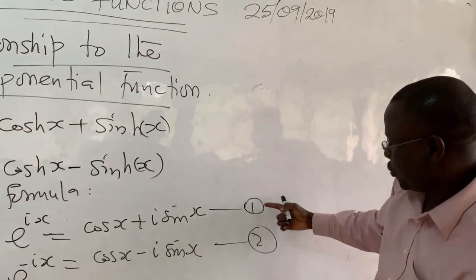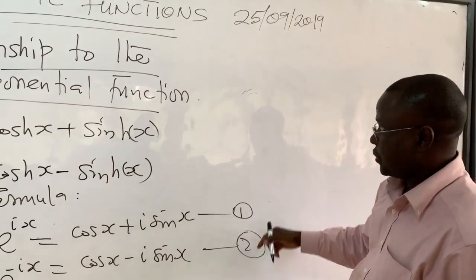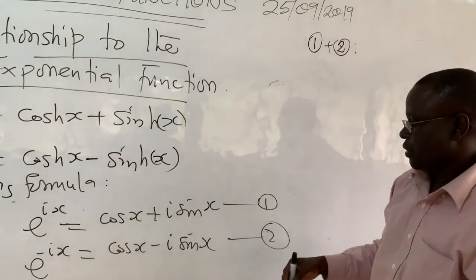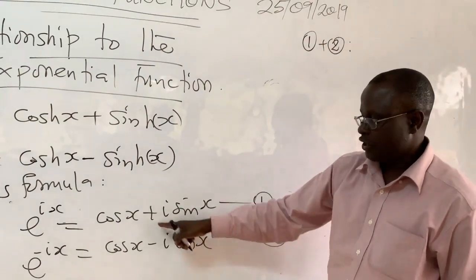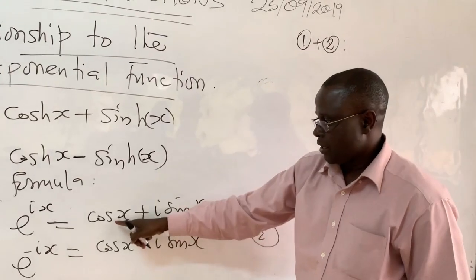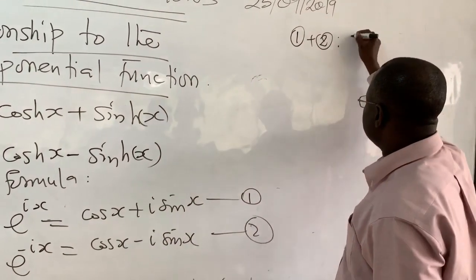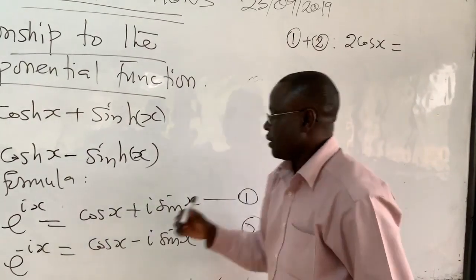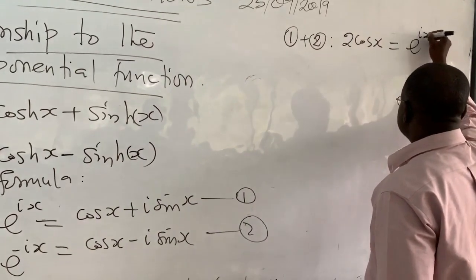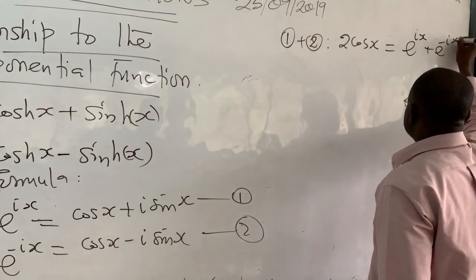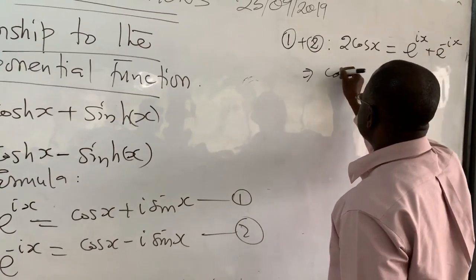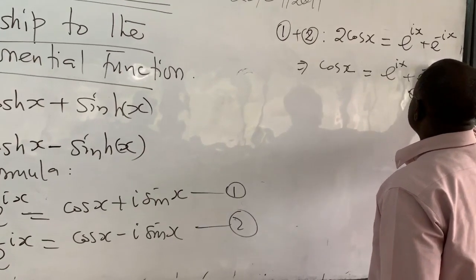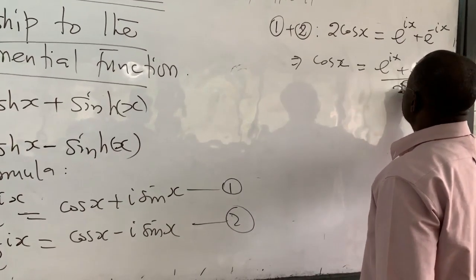Now if I add these two equations, 1 plus 2, these guys cancel out. This is positive and that is negative. This and this will give me 2 cos x. And I have this plus that, that gives me e to the ix plus e to the minus ix, which implies that cosine of x is e to the ix plus e to the minus ix all over 2.